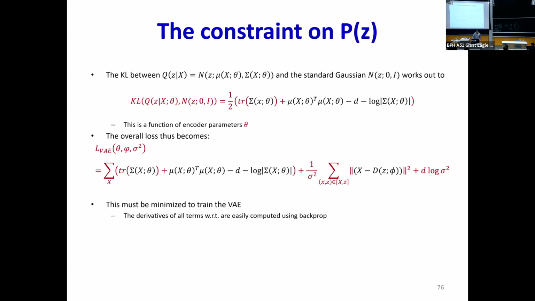And so now I have an overall loss function, and this loss function can be differentiated with respect to both theta and phi. And so I can train the model, right? This loss must be minimized to train the VAE. And the derivatives for all terms are trivially computed.